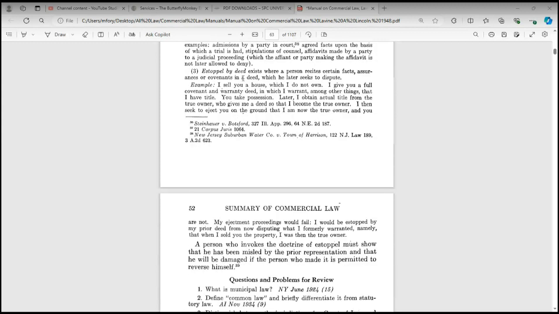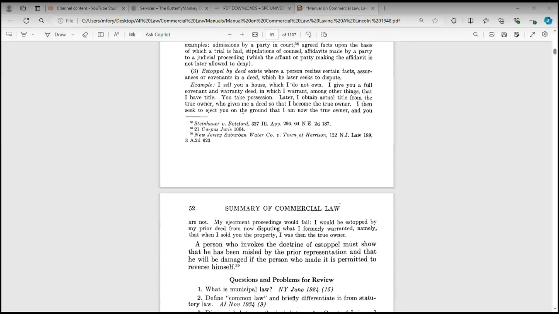Number 3, estoppel by deed exists where a person recites certain facts, assurances, or covenants in a deed, which he later seeks to dispute. Example: I sell you a house, which I do not own. I give you a full covenant and warranty deed, in which I warrant, among other things, that I have title. You take possession.